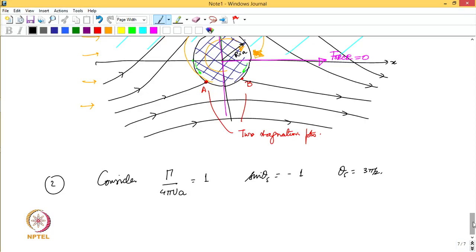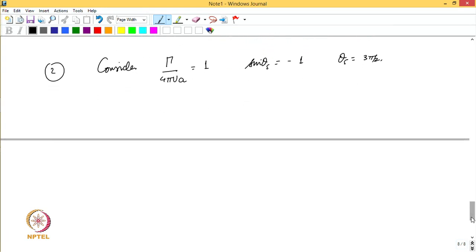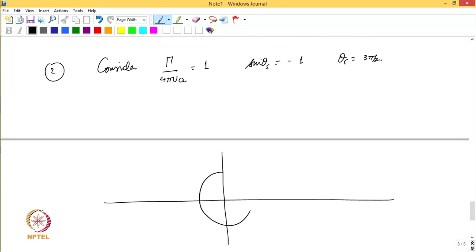I do not think I need to explain what is going to happen in this case, but at least graphically we can draw this: now we have a cylinder, and we will have the stagnation point located at this point. So, this is the only solution, and the flow field would look like the following.